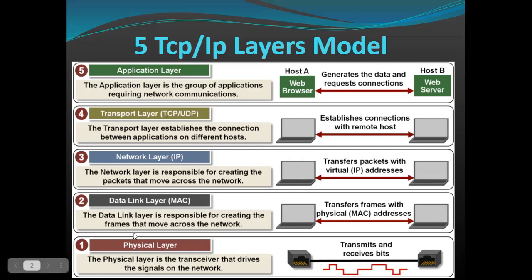For the physical layer, we start with the physical set of components, which are cables, wires, and those models. For data link, it's the transfer of frames with physical MAC addresses.